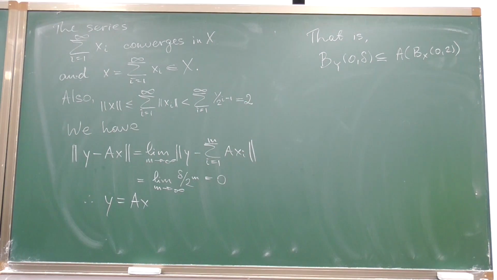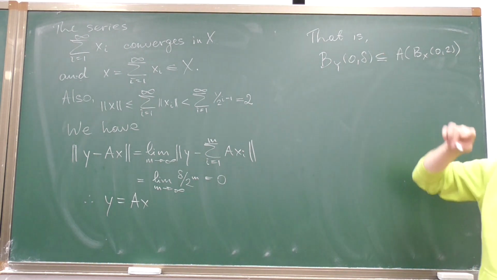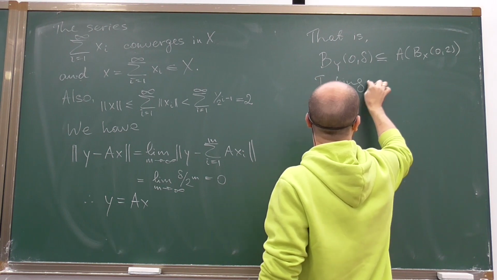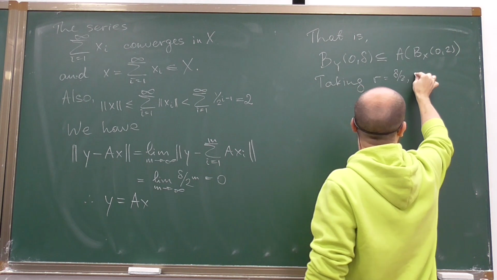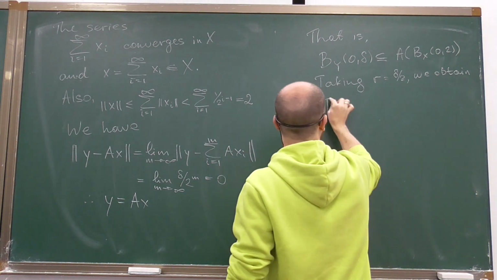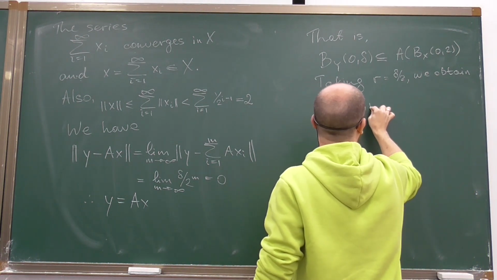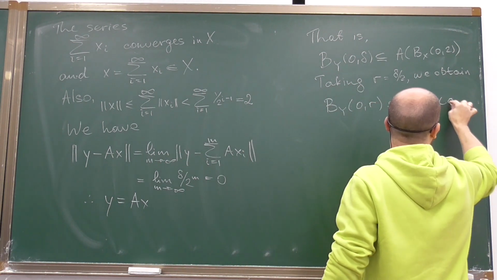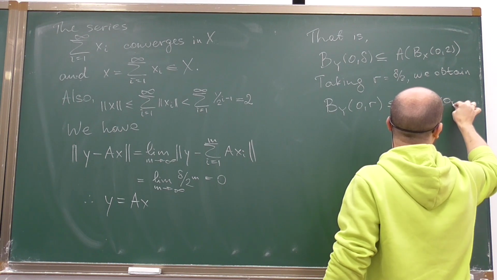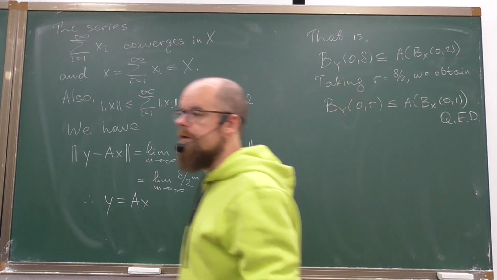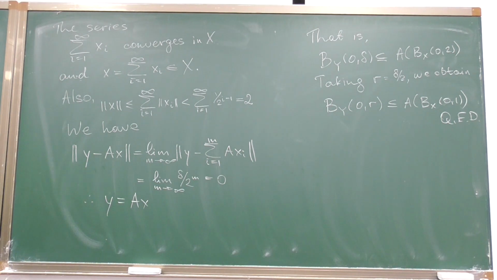To prove the theorem, we just take R to be delta over 2. And we're done. So the image of the unit ball of a surjective mapping contains a ball.